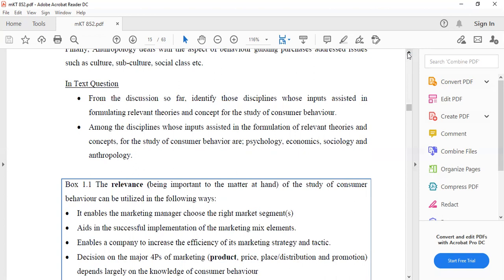For instance, we are all aware that during the rainy season, something like umbrella becomes a booming business. But after the rainy season, not many people go for the purchase of umbrella. So the behavioral pattern changes from season to season.